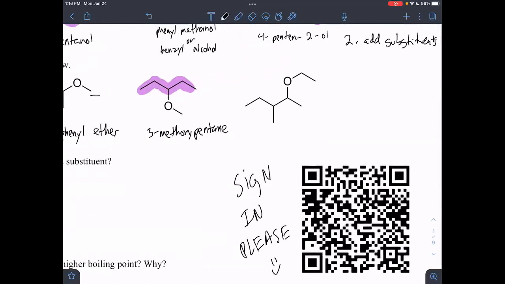And the last one. So what takes priority, the methyl substituent or the ether? Well, the ether, since it's closer to this one. Yeah. So I would start counting from this side.